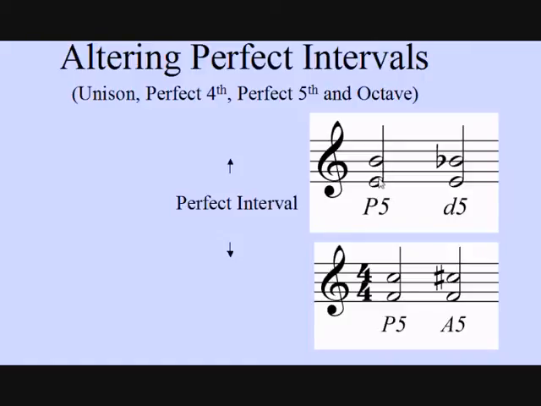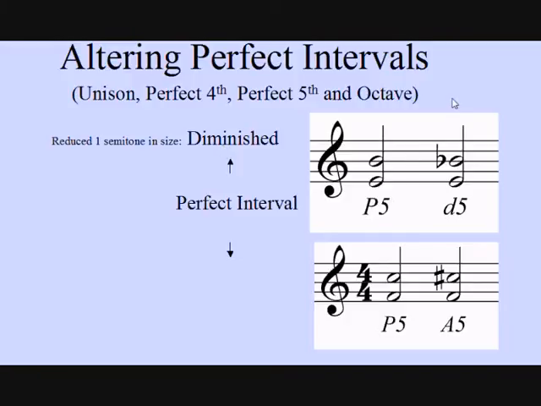If this perfect fifth is reduced by 1 semitone, it will still be a fifth, but it's not going to be perfect anymore. By losing 1 semitone, as for example here, it becomes a diminished fifth, because perfect intervals, when reduced by 1 semitone, become diminished.